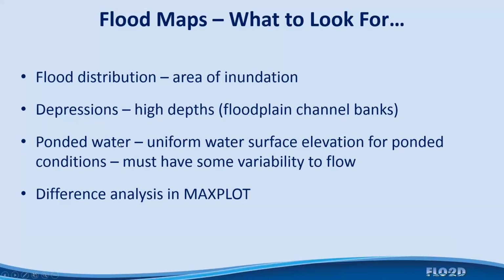If you look at final flow depths, which I did with you on one particular project at the beginning of this webinar, if you look at ponded water, the water surface, and it's not moving because your velocities are near zero, you should have a uniform water surface elevation for the ponded conditions with a final depth plot.